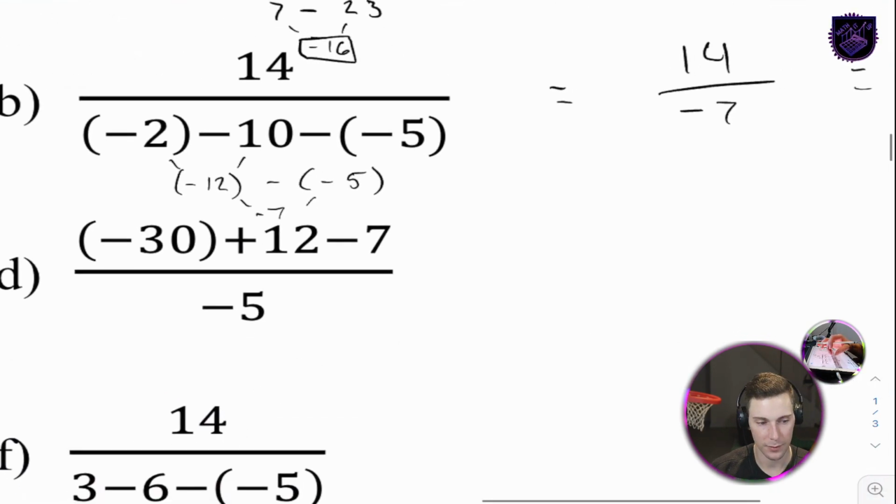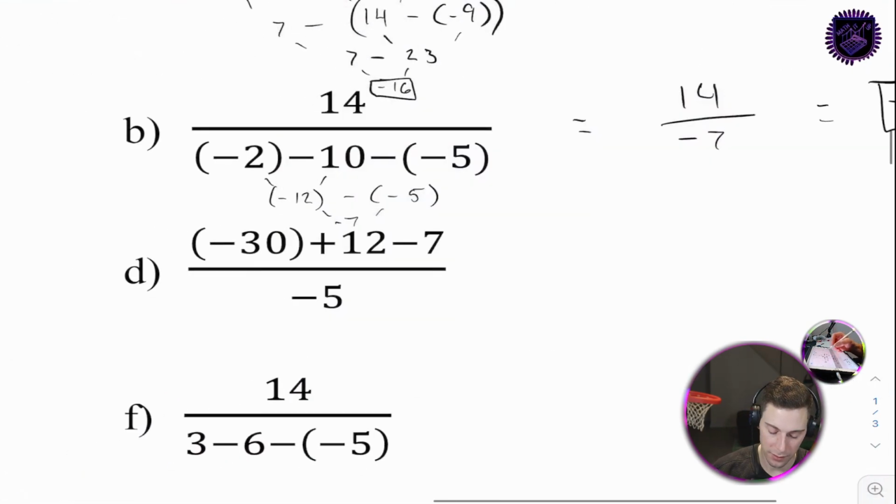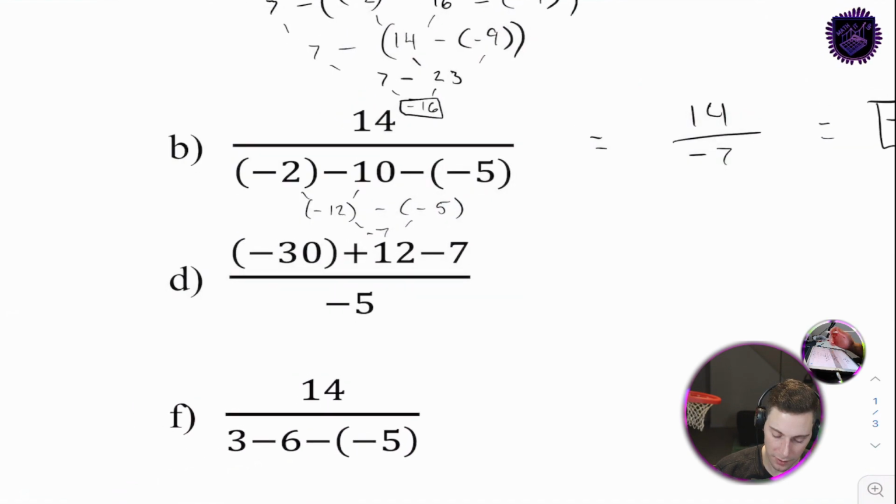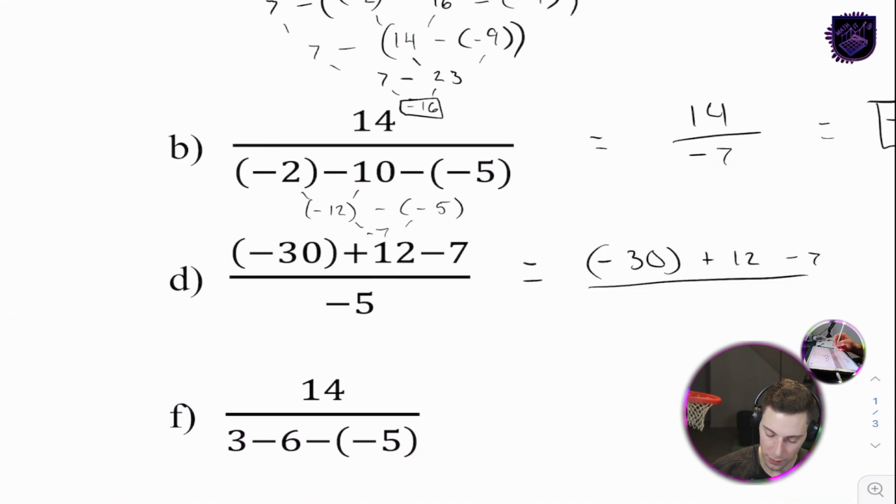5D. I don't have space to work here. Negative 30 plus 12 minus 7, and that is over negative 5. So we'll work up here. Negative 30 plus 12 is negative 18.